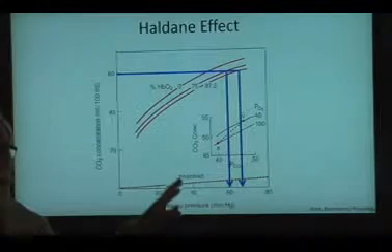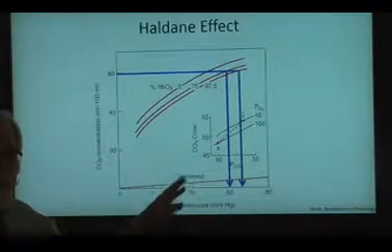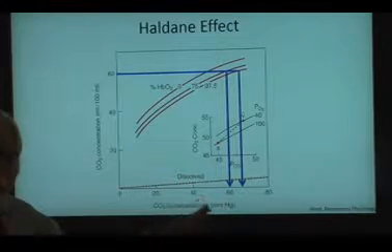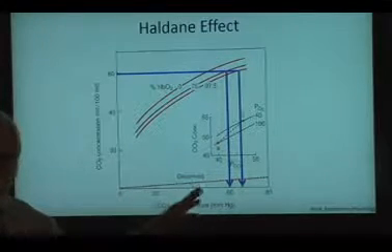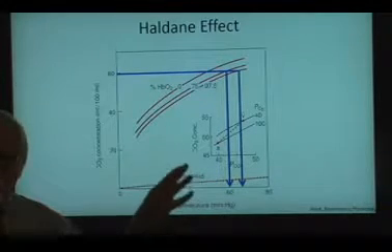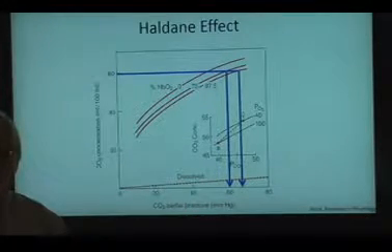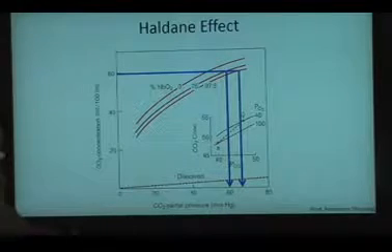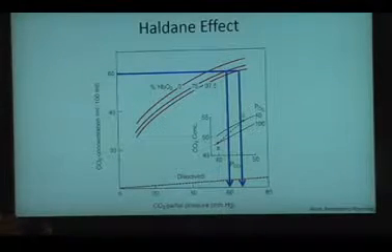And this is probably the best explanation for why hypercarbic patients with COPD have an increase in their PCO2 if they are administered oxygen. Because the oxygen and the carbon dioxide compete with one another to bind onto the hemoglobin.